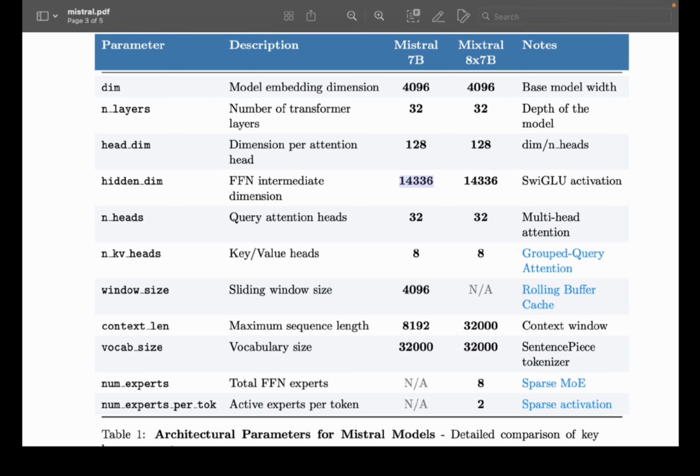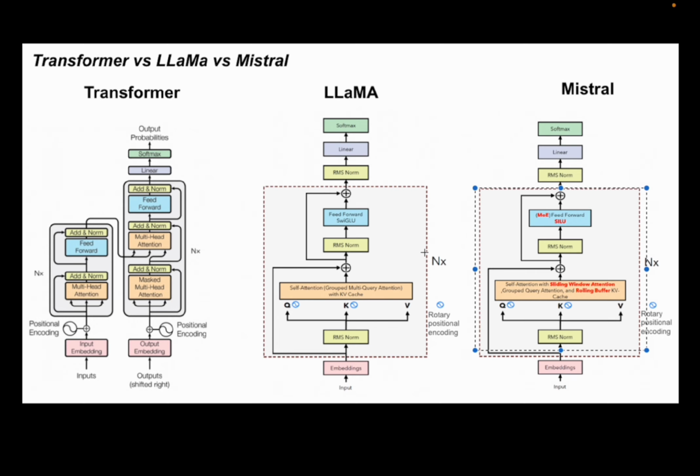The number of heads is 32, and the number of KV cache heads, which we can call group query attention, is 8. So what it says is, instead of having one key and value for each query, for every 8 queries we have one key and one value.